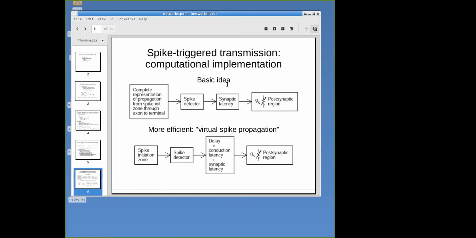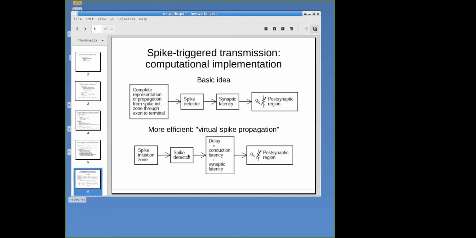But wait, what if we can count on our axon faithfully conducting that spike from the spike initiation zone down to the presynaptic terminal every time there is a presynaptic spike, with the same conduction latency? If we can count on that, then why do we bother simulating spike propagation through the axon? Why don't we just attach our spike detector straight onto the spike initiation zone of the presynaptic cell and throw away the axon?